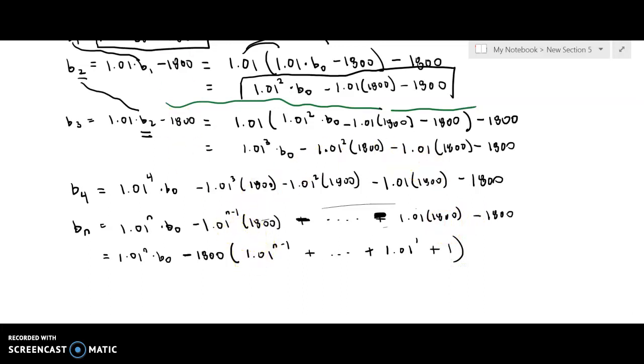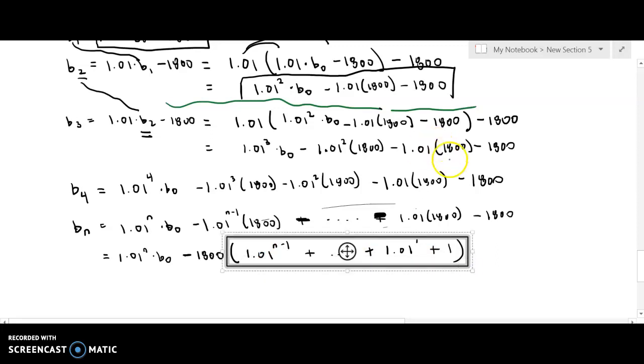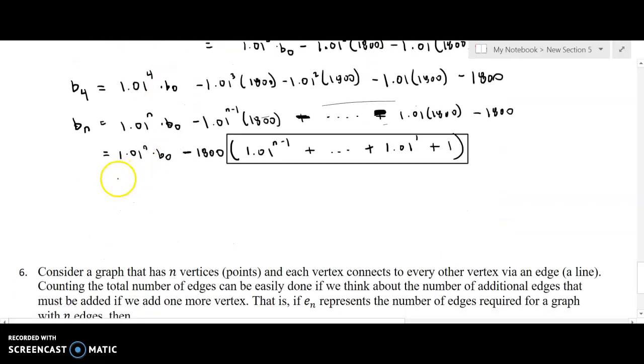So this right here that I'm about to box up, this again is our geometric series. And what I'm going to do with this now is I am going to condense this using the geometric series formula. So I'll have 1.01 to the nth times b naught minus 1800. And so the geometric series formula says that this will be the base to the highest power in that series plus 1, minus 1 over 1.01 minus 1.